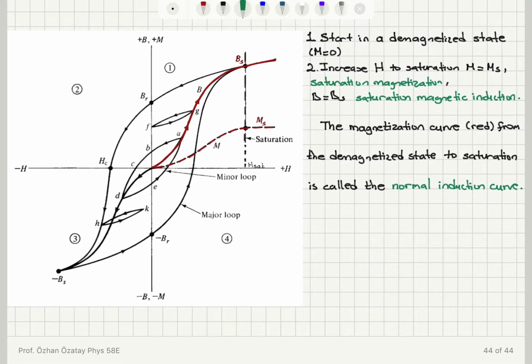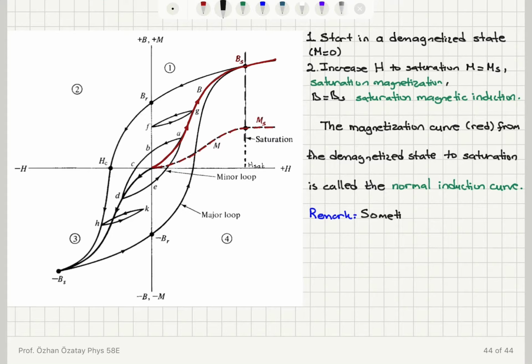Now, sometimes we will see that instead of plotting B versus H, they will plot B minus H versus H. This is usually done in CGS units. So let's put a remark here.